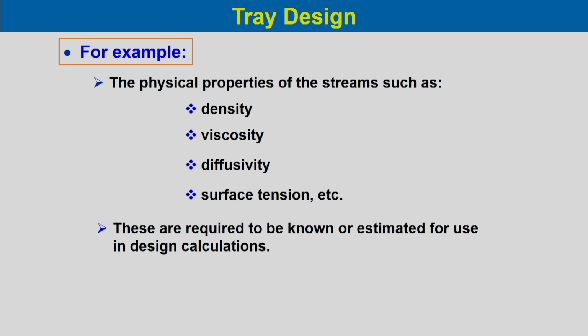So, the physical properties either have to be available in the literature or have to be estimated, and will be used in the design calculation. So, if it is an unknown solvent, unknown gas and unknown liquid mixture, these properties have to be measured or estimated using certain empirical correlations.